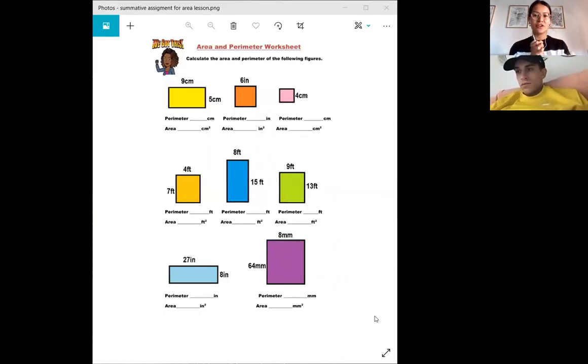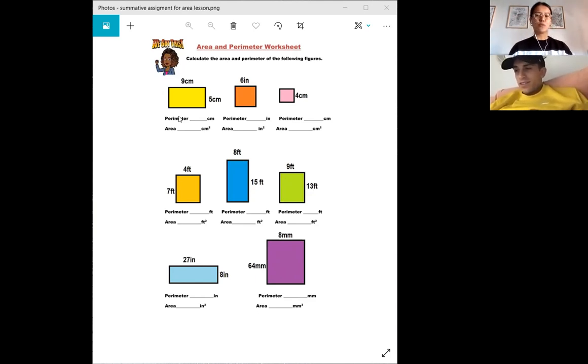Okay. All right, boys and girls, here is your quiz. Please do your best. We're going to ask for the perimeter of each shape and the area of each shape. Remember, what is a perimeter? Is it an addition or a multiplication? What do you think? The perimeter is addition. Yes. And what about the area of a shape?